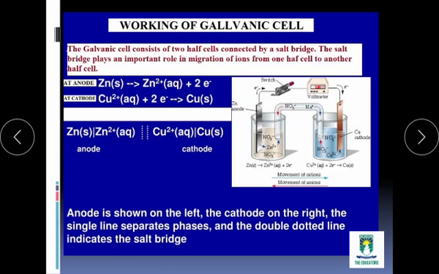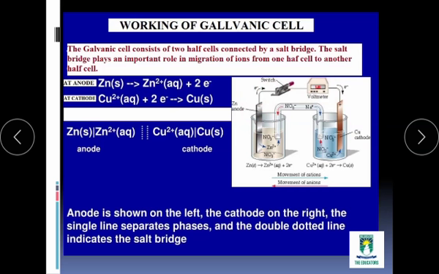The zinc metal has the tendency to lose electrons more rapidly as compared to copper. As a result, oxidation takes place at the zinc electrode. The electrons flow from the zinc electrode through the external wire in the circuit to the copper electrode.